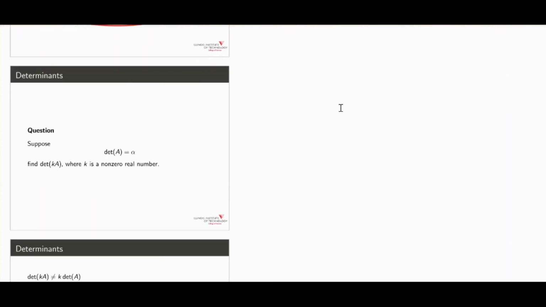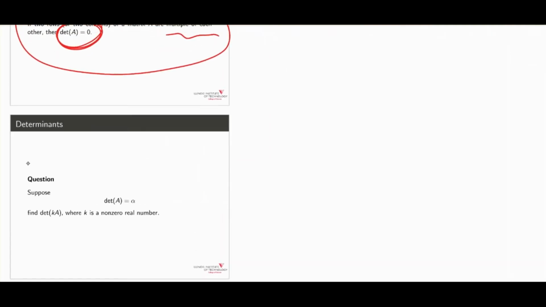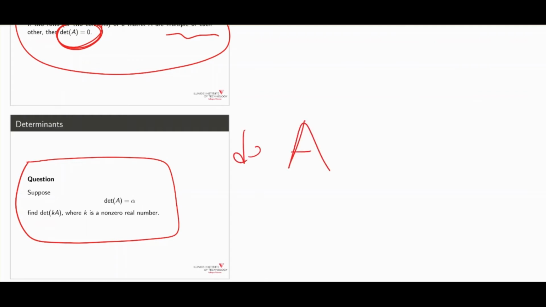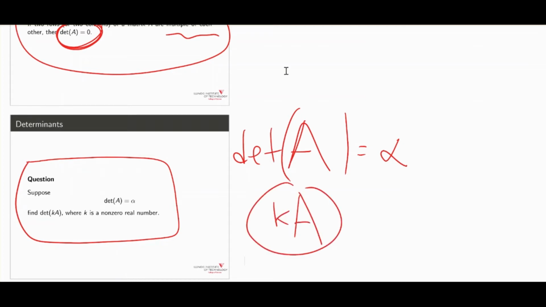Okay, so I'm going to ask you a question, which is right here. Suppose you have a matrix A, and the determinant of this matrix A is alpha. If you multiply the matrix, kA, by the scalar multiplication of a matrix, this is going to multiply every entry in A by k.